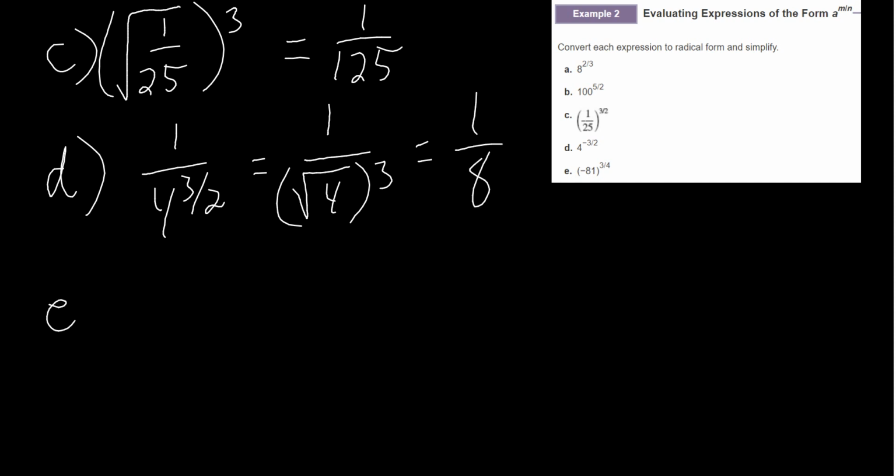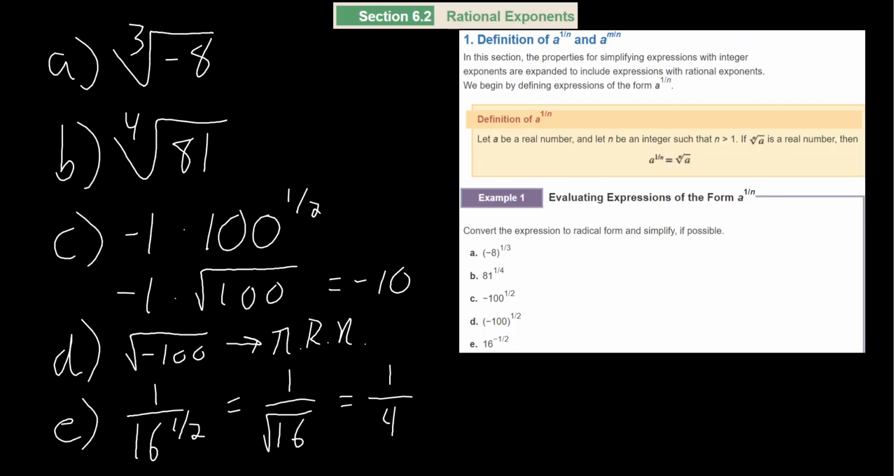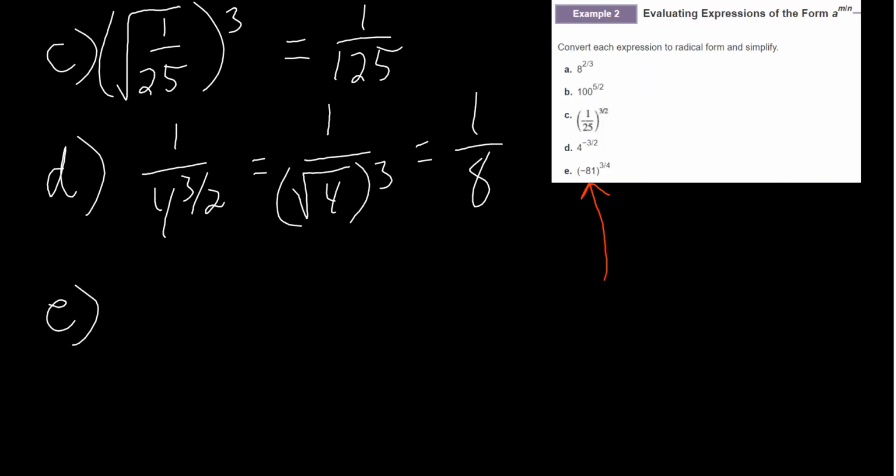And then E, finally we're getting to E. All right, I see that we have a negative number that I cannot take away from that 81. We saw previously that I was able to split up the negative 1 and the 100, but I was unable to split it up here. So I can't take the negative away from the 81, and it's being raised to a 3/4 power.